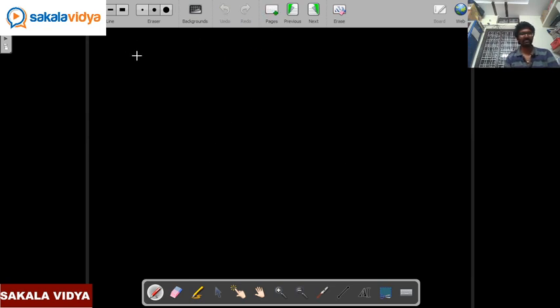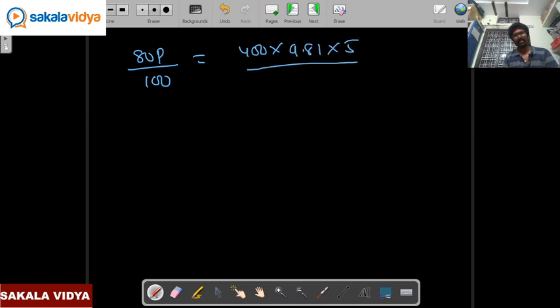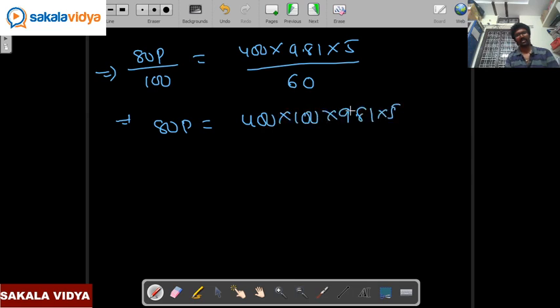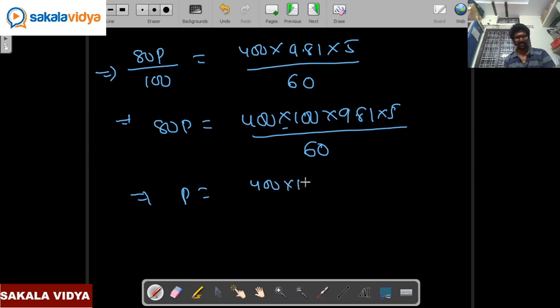Then this equation becomes 80 by 100 P is equal to 400 into 9.81 into 5 divided by 60 seconds. If you solve this, 80P is equal to 400 into 100 into 9.81 into 5 divided by 60, which means power is equal to 400 into 100 into 9.81 into 5 divided by 60 into 80.